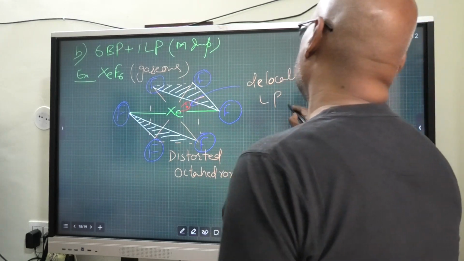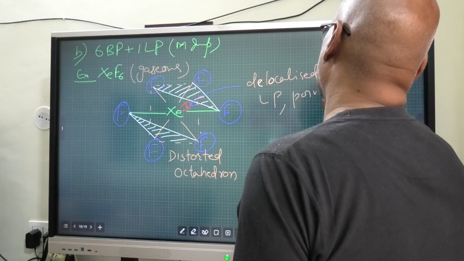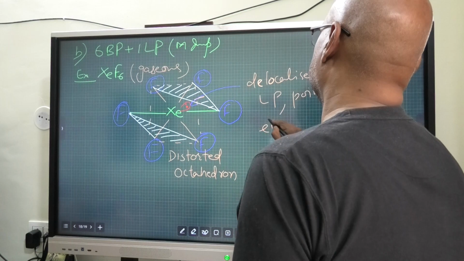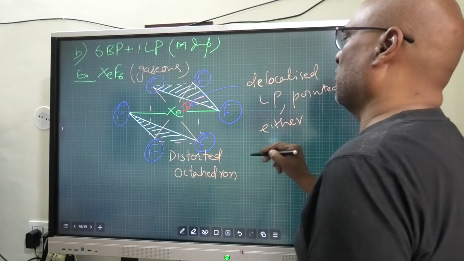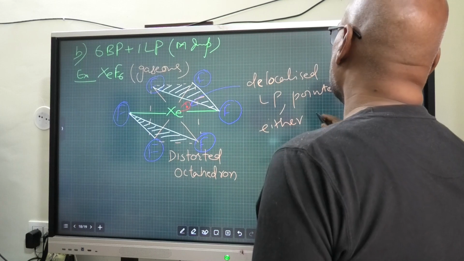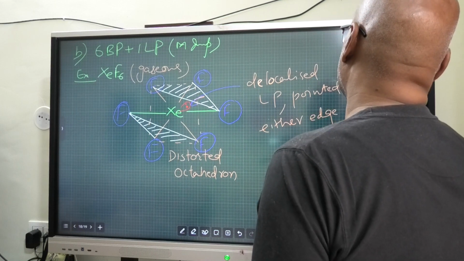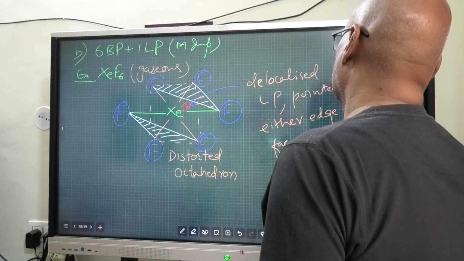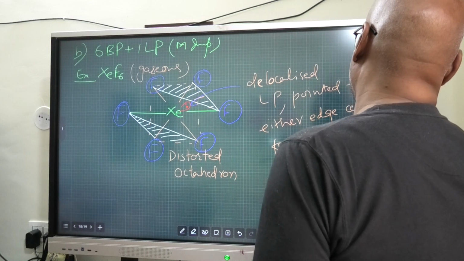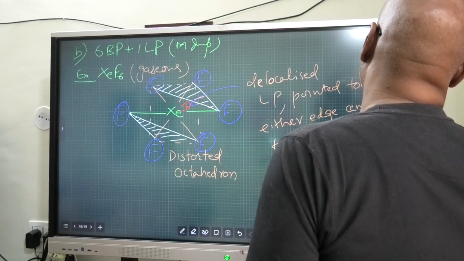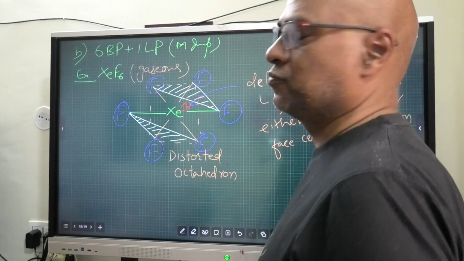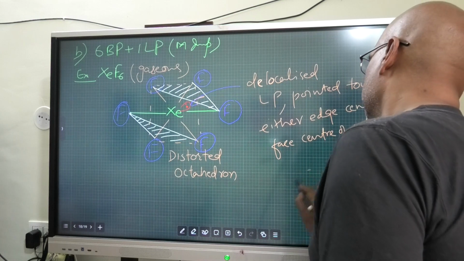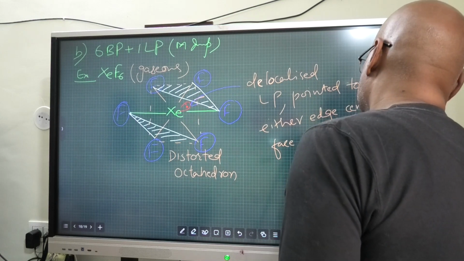How is it delocalized? There are 2 possibilities: the lone pair is pointed towards either the edge center or the face center of the octahedron. I can draw one more diagram without writing the fluorines.